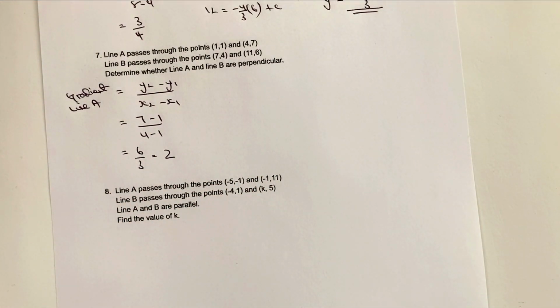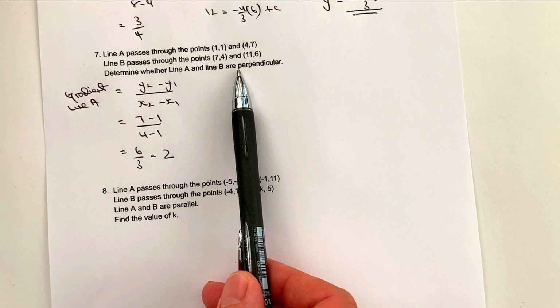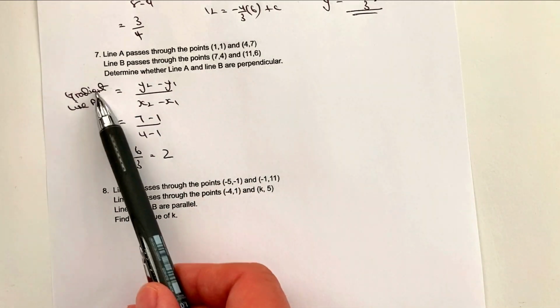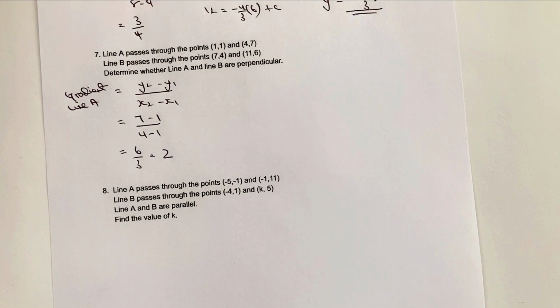Line B, we're just told it passes through those points. In order to work out whether line A and line B are perpendicular, we need to establish the gradient of both lines. If one of them is the negative reciprocal of the other, then they must be perpendicular. Let's check.